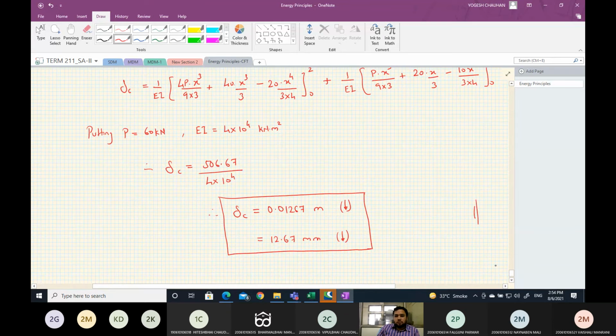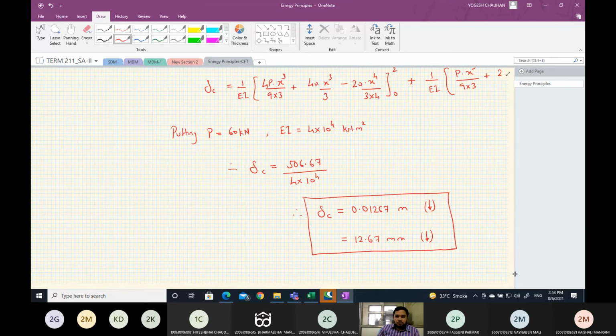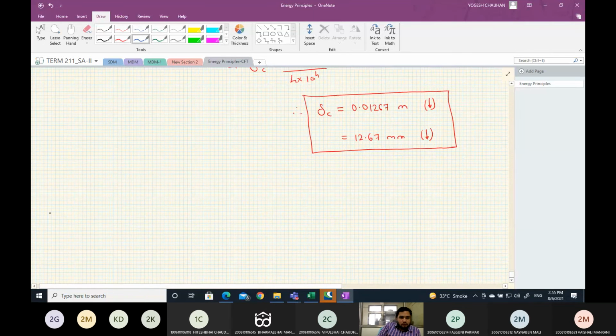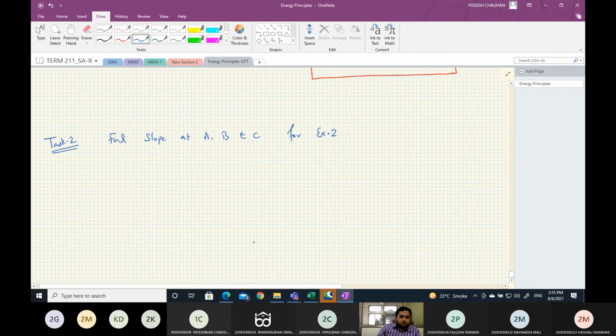Okay, so this is how you can find the deflection. So now there is a task for you. Find slope at A, slope at B and slope at C for example 2. Okay, I give you some hint.